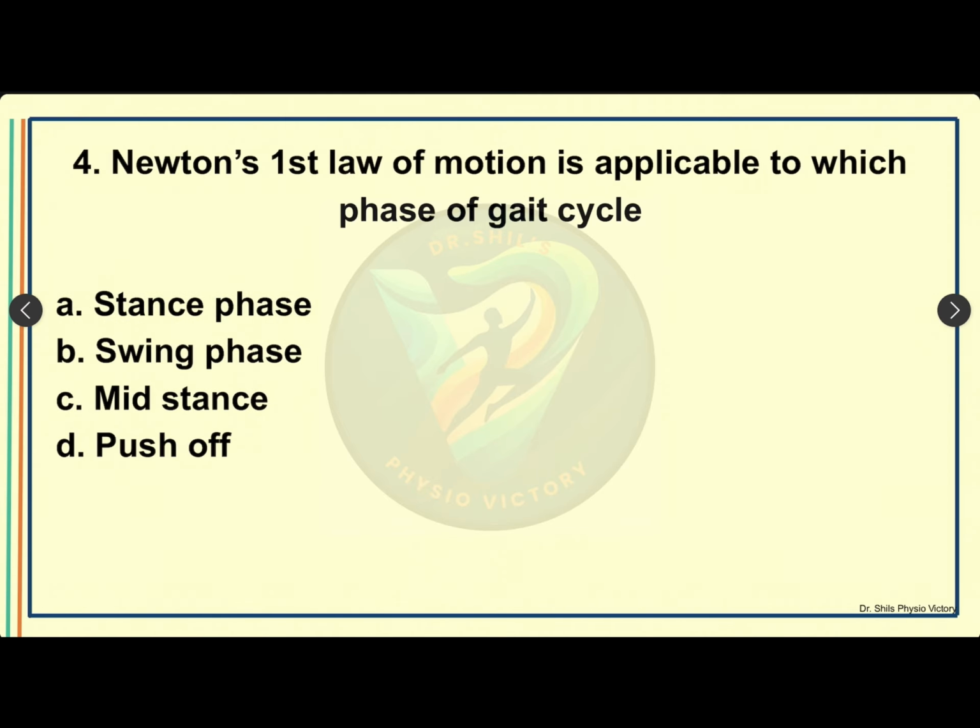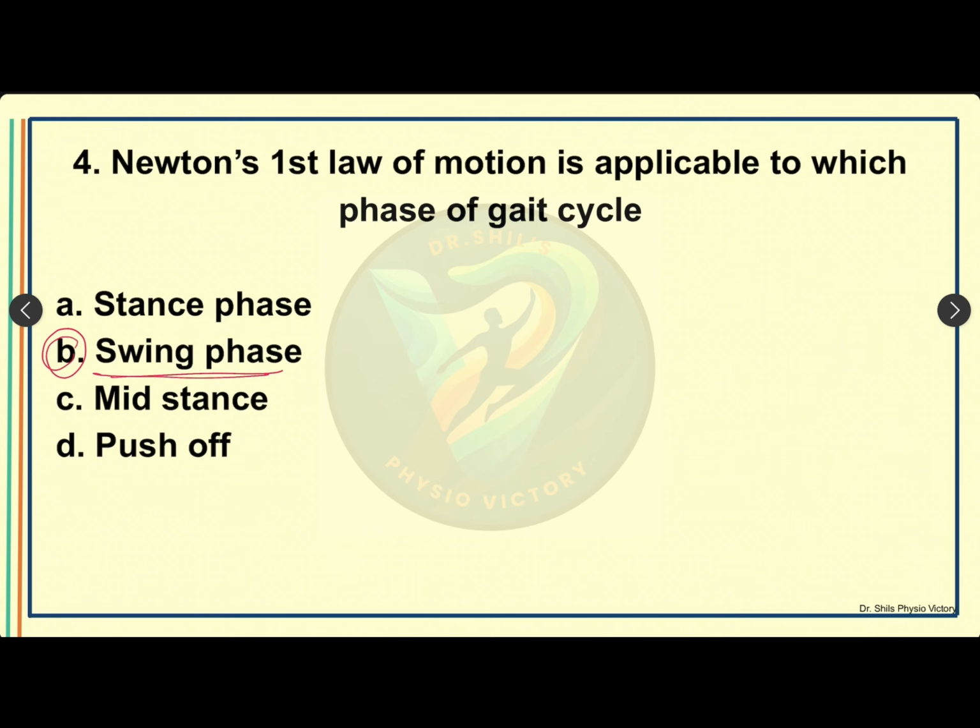Next question. Question number 4. Newton's first law of motion is applicable to which phase of gait cycle? Option A, stance phase; option B, swing phase; option C, mid stance; and option D, push off. Here the correct answer is option B, swing phase.